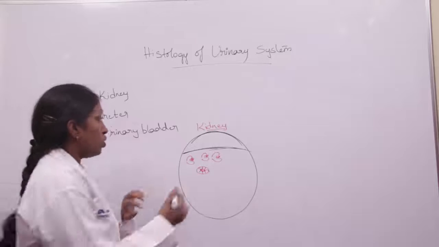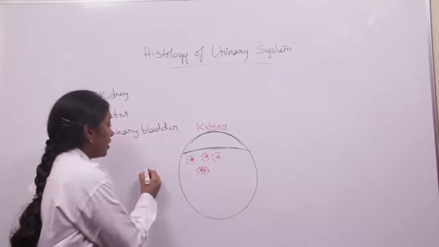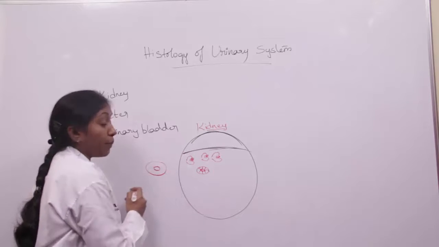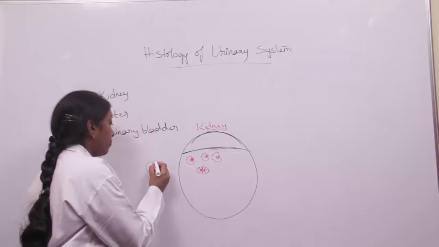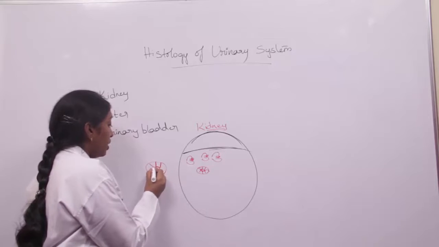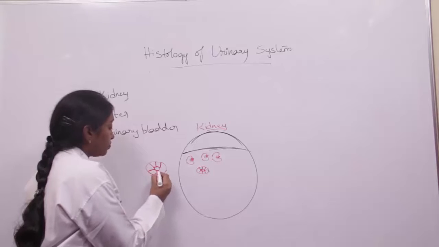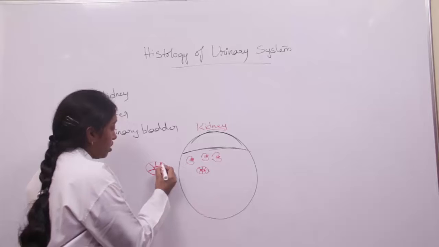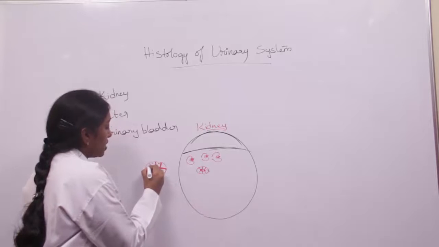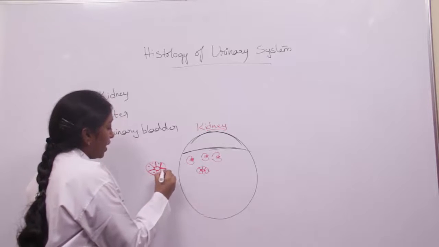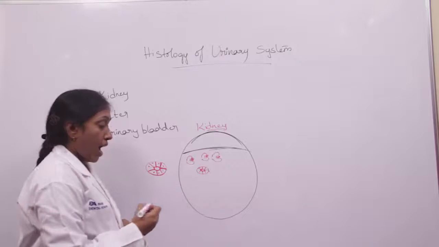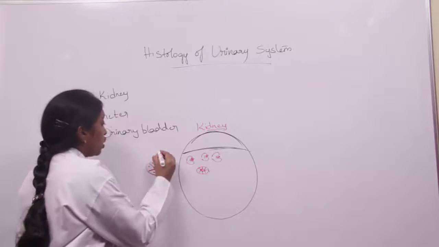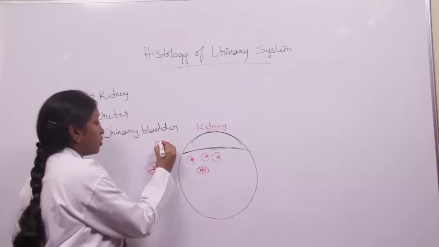So the proximal convoluted tubule has a small lumen compared to the distal convoluted tubule, and the cells are simple columnar or cuboidal, and the nucleus is situated at the center.